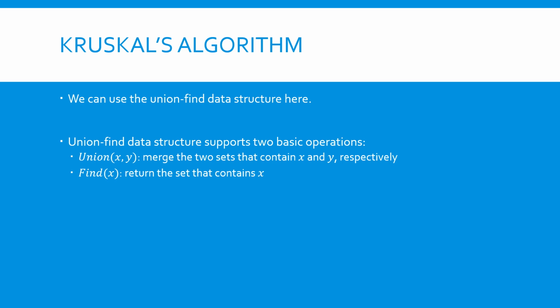As the name suggests, this data structure supports two basic operations: union and find. The union operation takes two elements, x and y, as parameters, and merges the sets containing x and y. The find operation takes an element x as parameter and returns the set that contains x.